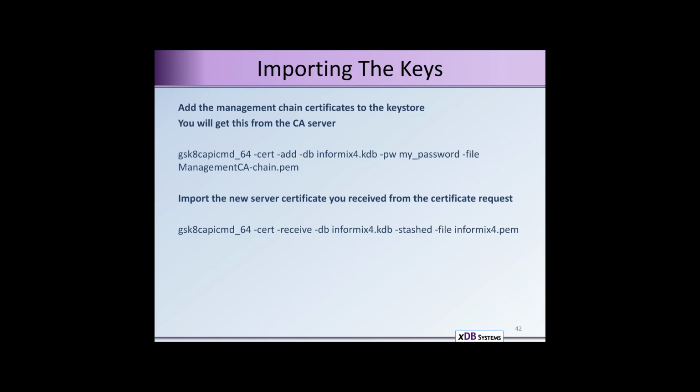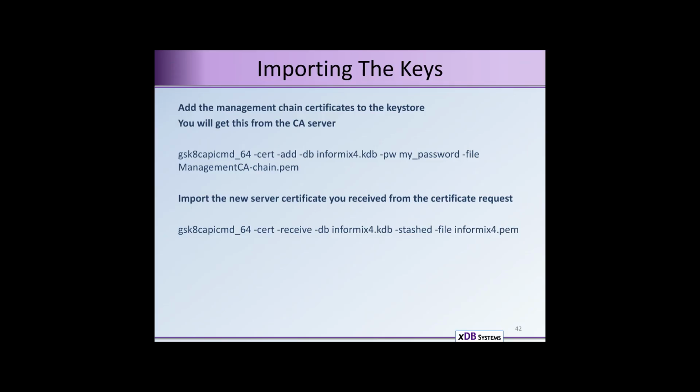The first thing with GSKit is we add the cert, just like we did with the client key store. We're doing it with the server key store in this case, and we're importing the management chain file. So again, this is what tells all of the other trusted keys how we actually go in and validate the keys and where they're coming from and everything else. Again, bunch of math involved here. I'm not going to go into deep dives.